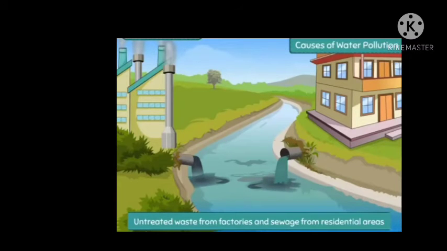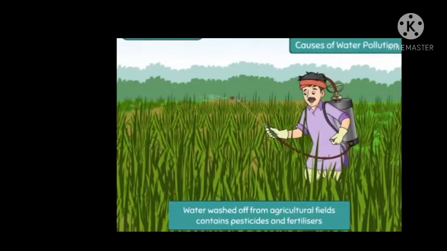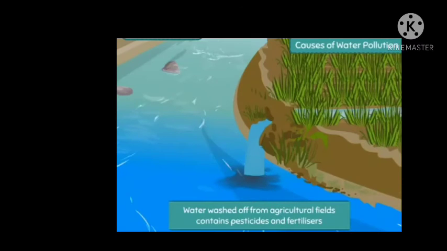Untreated waste from factories and sewage from residential areas add toxic chemicals and waste into the water bodies. Water that is washed off from agricultural fields contains large amounts of pesticides and fertilizers that pollute the water of the nearby water bodies.